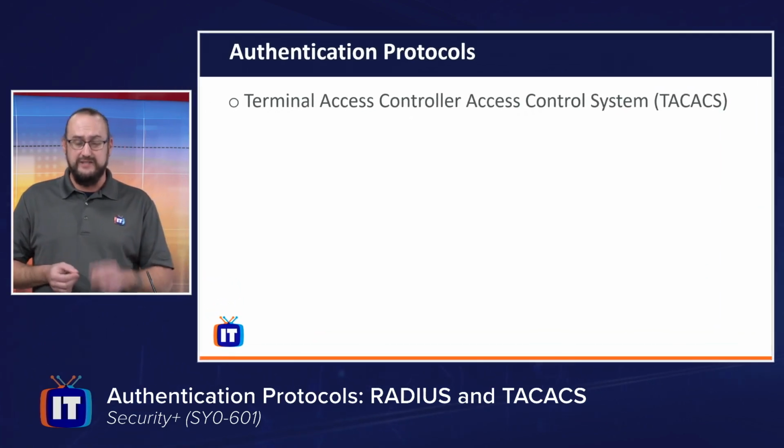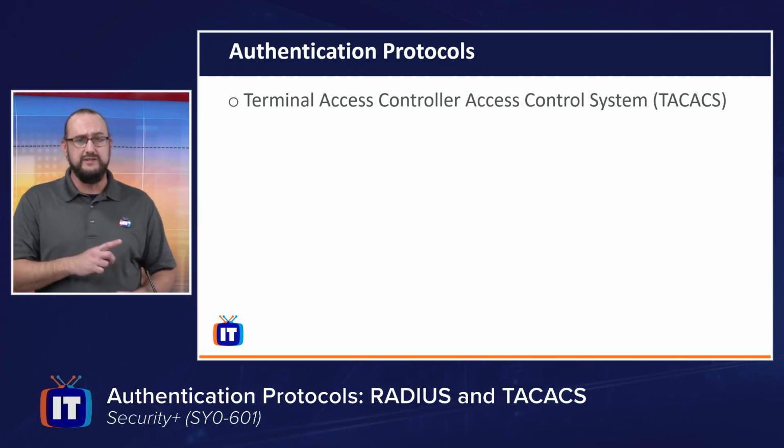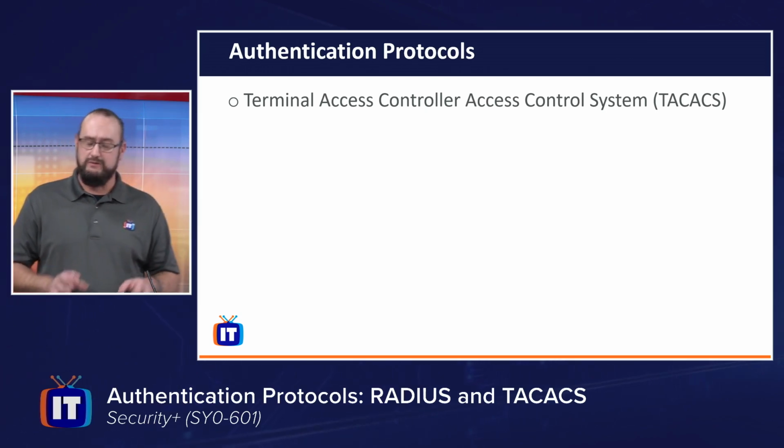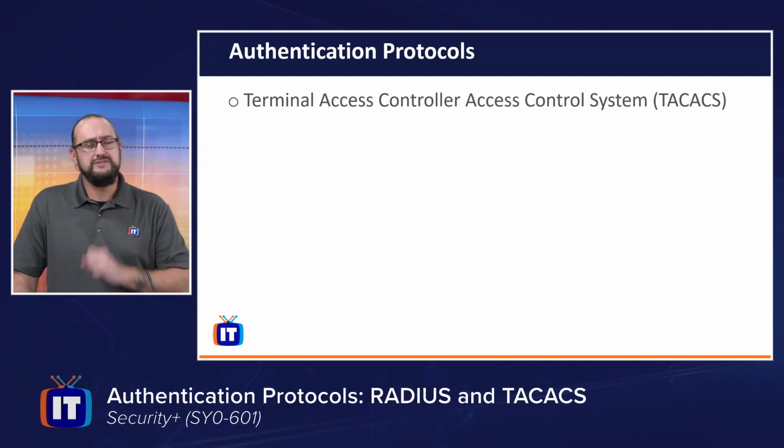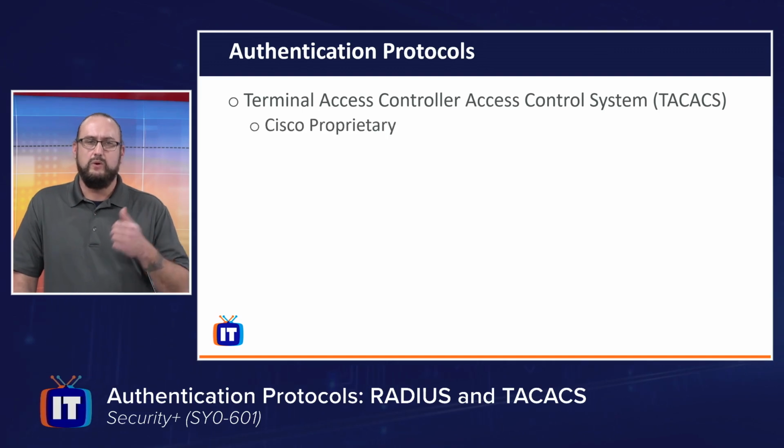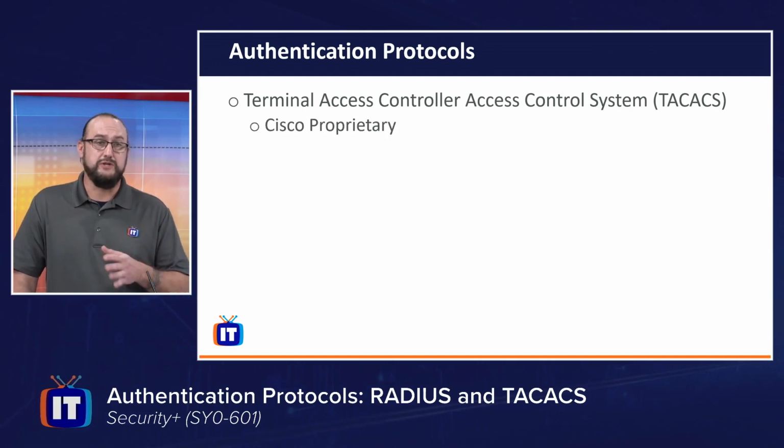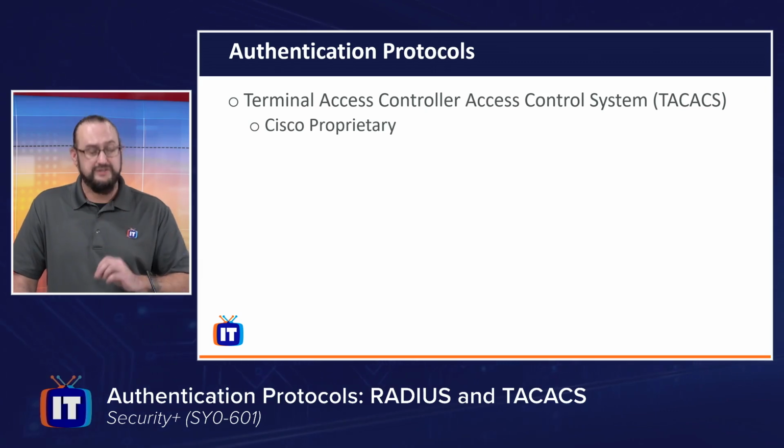So TACACS, and more specifically what we use today, which is not in the diagram, is TACACS Plus, because there are variants. Here's the difference between Radius and TACACS. Radius is an open standard for doing AAA. TACACS, on the other hand, is Cisco proprietary. Now, there's a caveat to that.